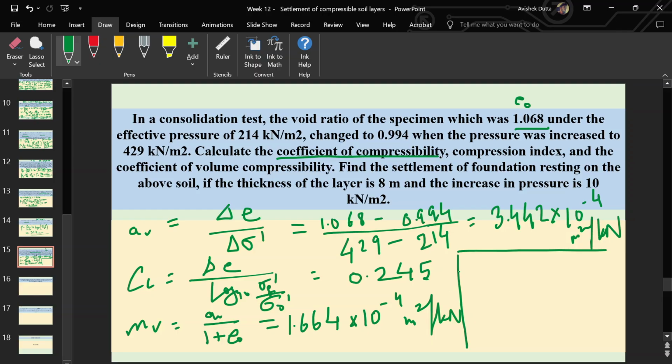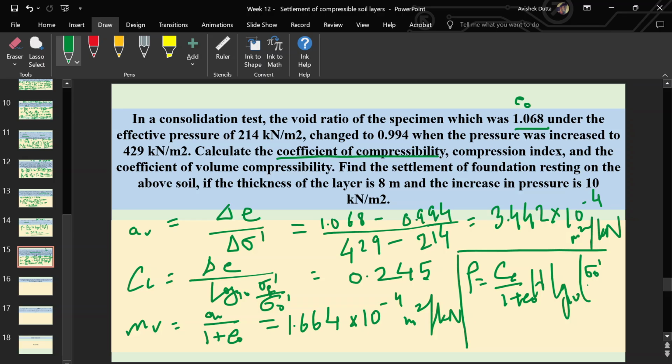So now for the settlement part, the formula is Cc by 1 plus E0 H log to the base 10. I will write it over here. Sigma. What formula can you use, sir? Yes, you can use the MV into delta sigma into H, yes, that also we can use.